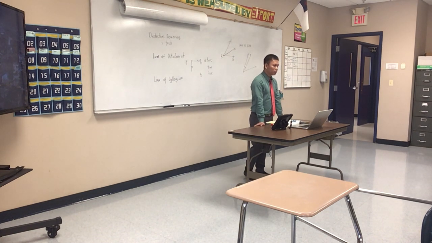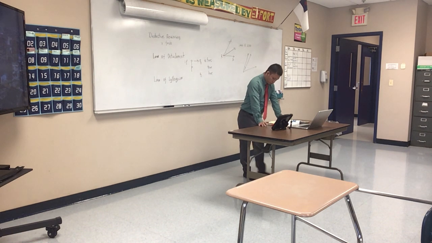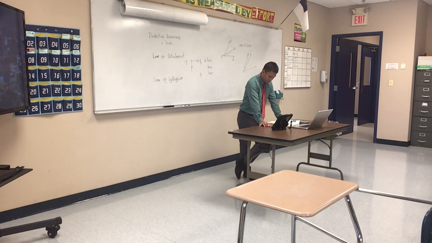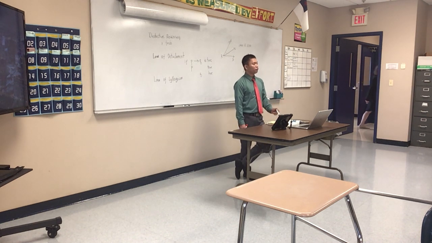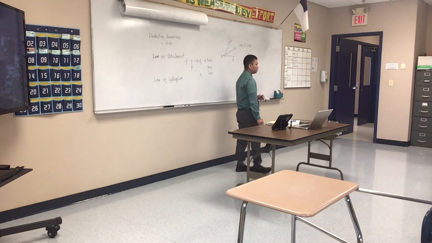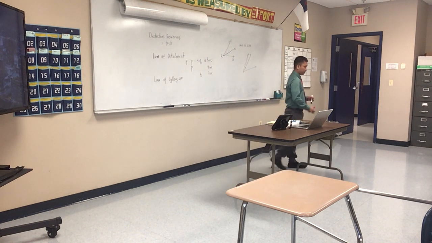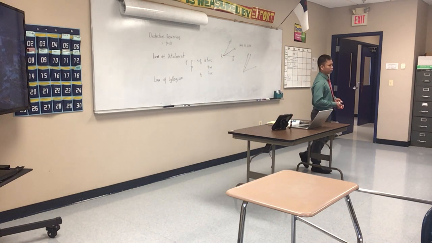Okay, how about this one? What conclusion can you make on this statement? If the measure of an angle is less than 90 degrees, then it is an acute angle. The measure of angle 1 is 85 degrees. Okay?